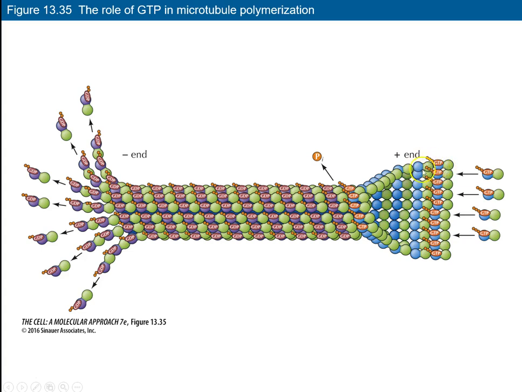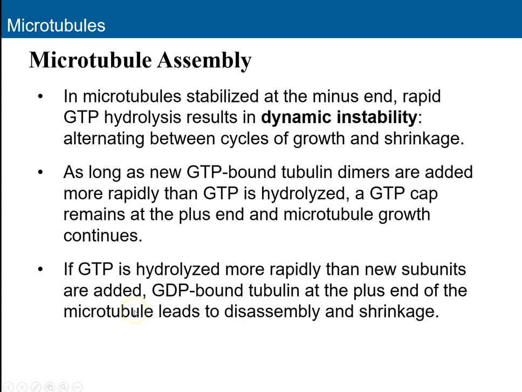These tubulin proteins are bound to GTP, okay? And that's going to basically make them more apt to bind to each other, okay? And therefore, that's why these are attracted here to this plus end. However, if you look down at this end, the minus end, these guys are GDP bound, okay? They have less affinity for each other. They essentially fall off, okay?